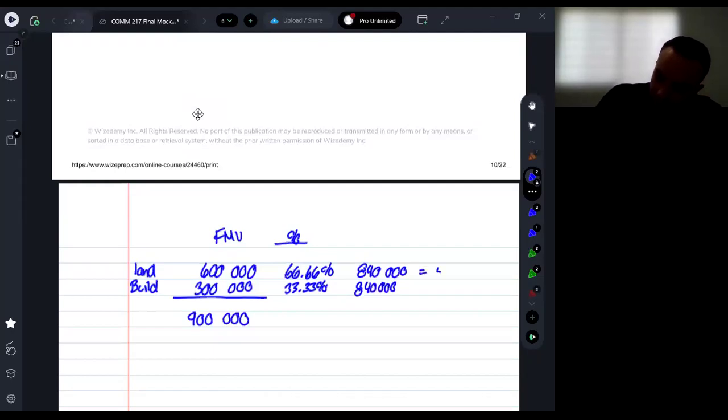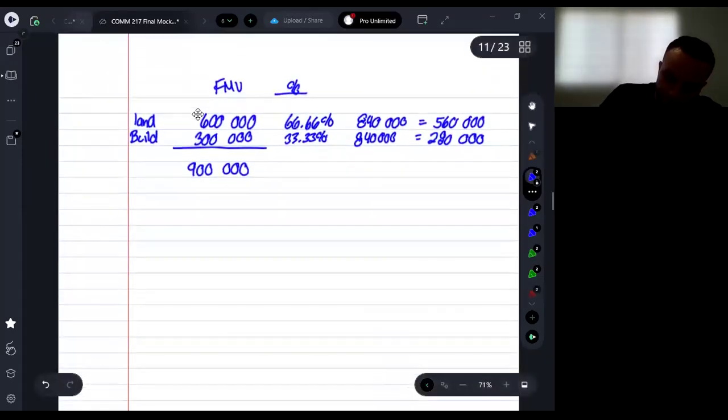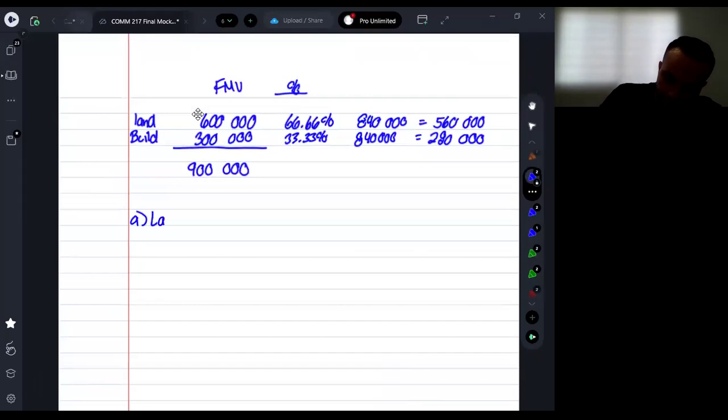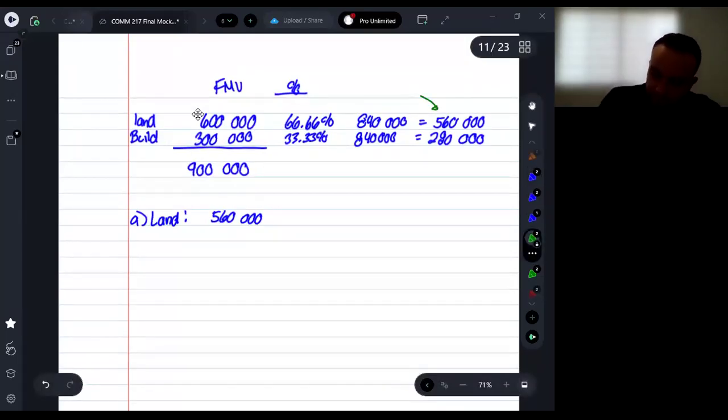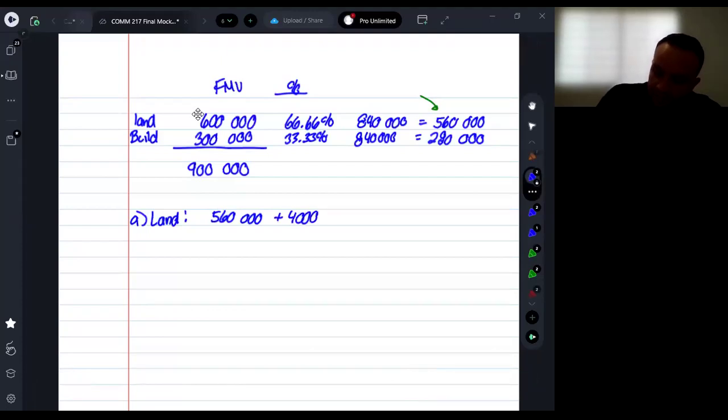So here we're going to get 560, and here we're going to get 280. So for land, we have 560,000. This is the allocated cost of land, plus we had the delinquent taxes. So the cost of land is really 564.